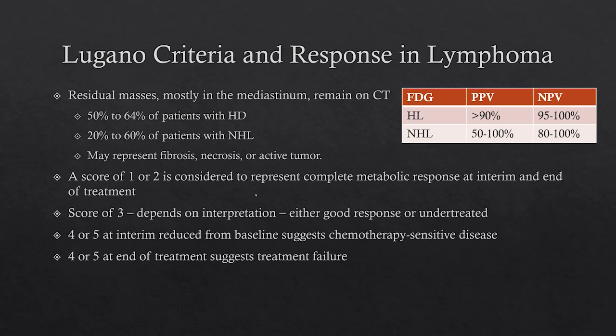So if we look at our score, the score of 1 or 2 is considered to represent complete response. 3 could mean good response, or it could mean that it's undertreated. 4 or 5 at interim, if it's reduced from baseline, means that it's chemotherapy-sensitive disease. At end of treatment, if you still have a 4 or 5 in these mediastinal masses, it means treatment failure. So FDG in Hodgkin's and non-Hodgkin's for these mediastinal masses has a high positive predictive value and high negative predictive value.